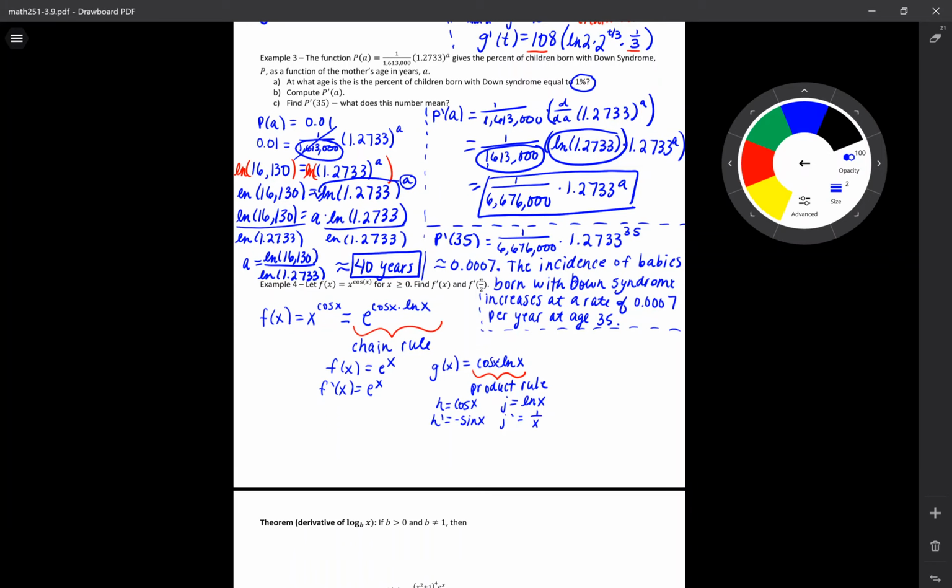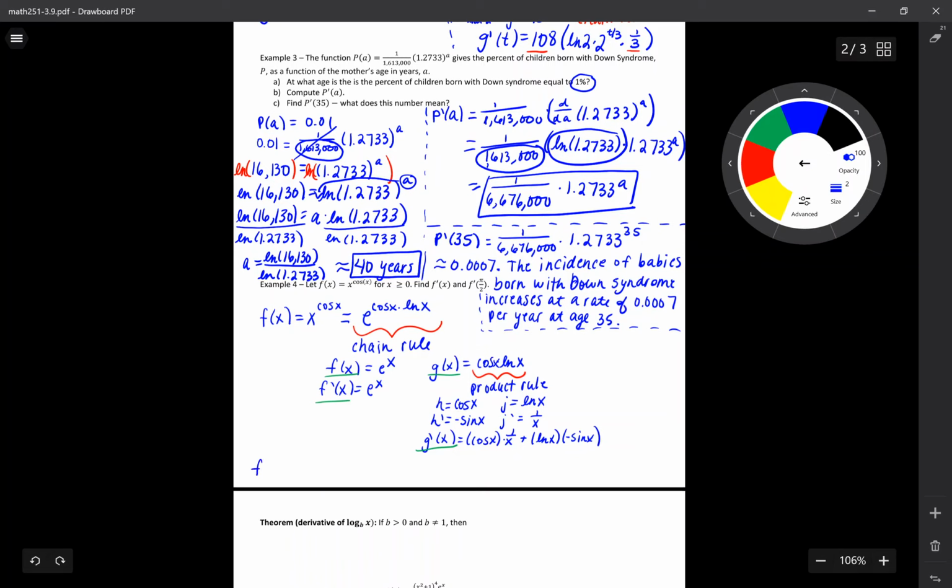So then g prime here is equal to the first times the derivative of the second plus the second times the derivative of the first. So now I have f, f prime, g, and g prime. I can plug this all into the chain rule now.